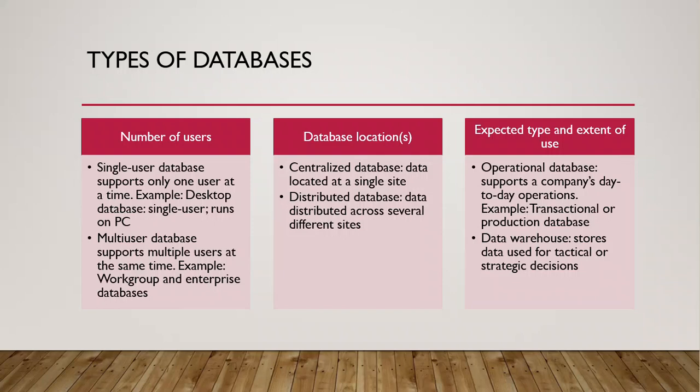Based on number of users, we can group it into a single user database which supports only one user at a time. For example, desktop database, which is used by a single user and runs on PC. For example, you are sitting in front of your PC, you access your desktop database, so only you, as a single user, use the database.